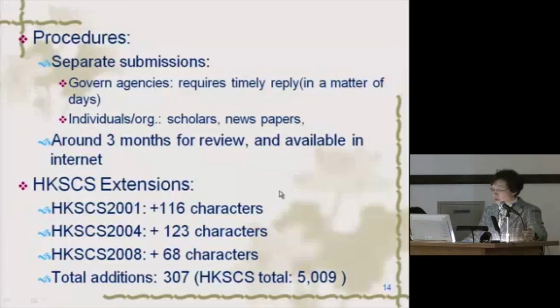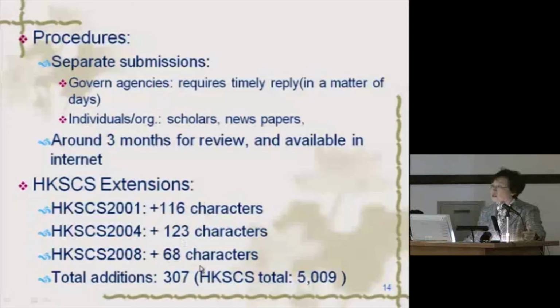HKSCS had 3 more extensions, and I just list them here for your information. 2 years later, the standard was published with an additional 100-some characters, and then 3 years later, another 100-some characters, and then 4 years later, actually this was published, even though it's written as 2008, but it was published in 2009 with only 68-some characters.